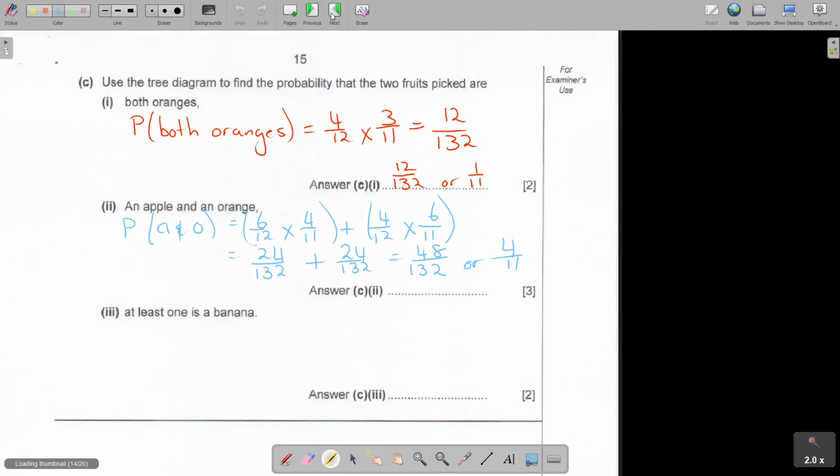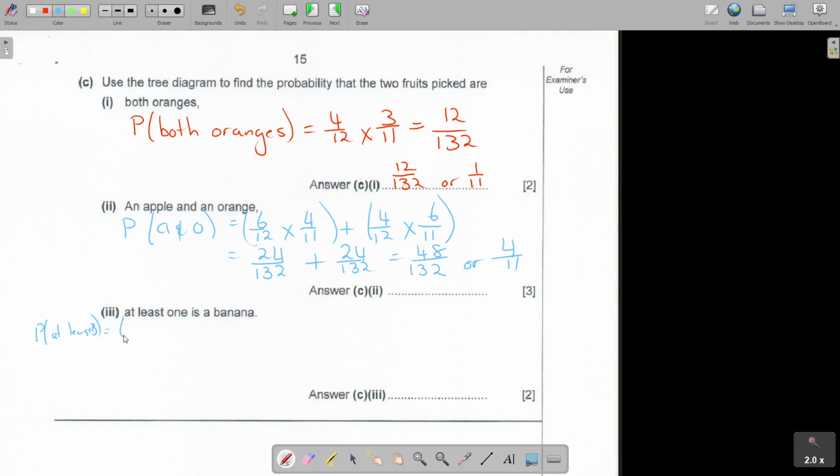So let's just go. I'm just going to go back to my blue, and I'm just going to start. Probability at least one banana, it's not necessary that you write that.